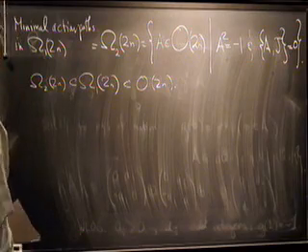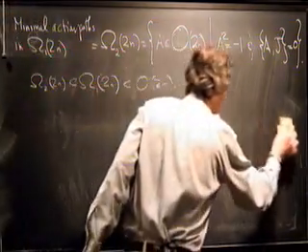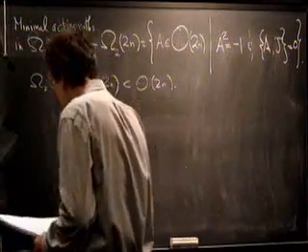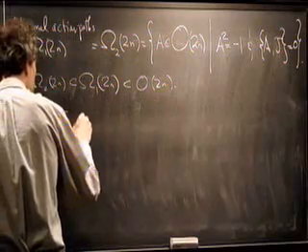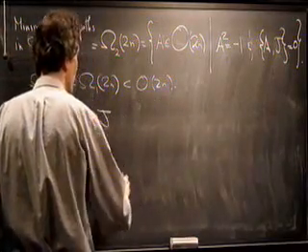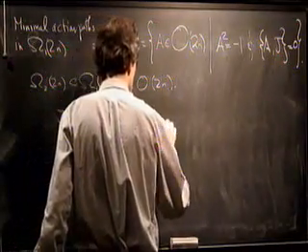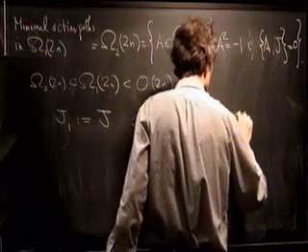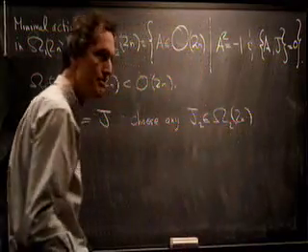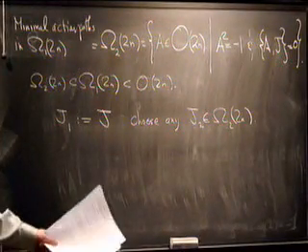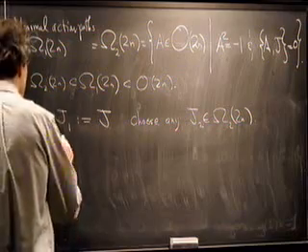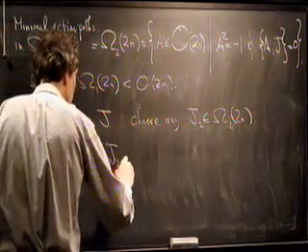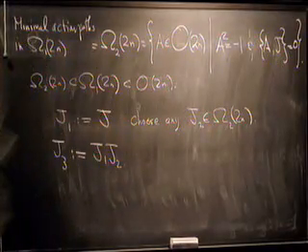Now, let's interpret this a little bit, just the way we interpreted the previous guy in terms of complex structures. So let's set J1 by definition equal to J, and choose any J2 in this omega 2 of 2n. Choose anyone you like. Make your choice. And then also define J3 to be equal to J1 times J2. What do we observe?